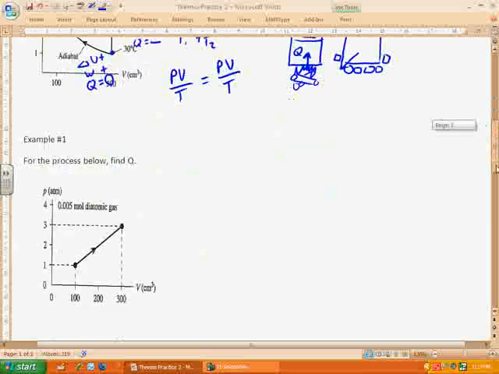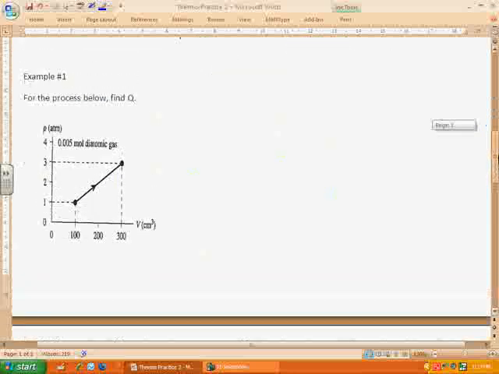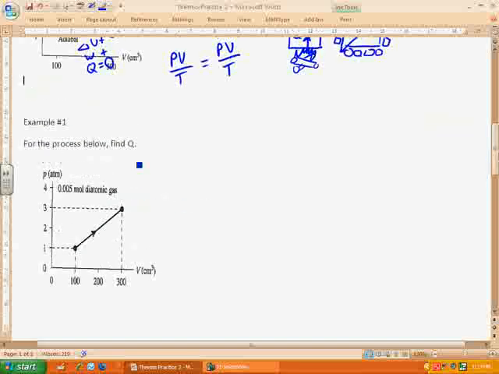Now I am going to do one mathematical example just for the heck of it. In this process below, we're going to find Q. Alright, so now in order to find Q, there's a couple of ways to do it, I guess, but we know that the internal energy is equal to 5/2 nRT, right?